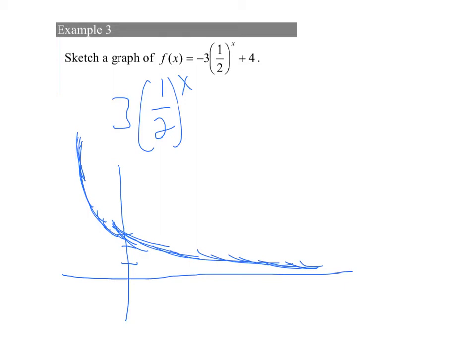Just this function. Now, this plus 4 is shifting this whole graph up 4. So if I count up 1, 2, 3, 4, what I'm going to do is put a horizontal dotted line, and this is just for me and you right now. You don't have to do this.